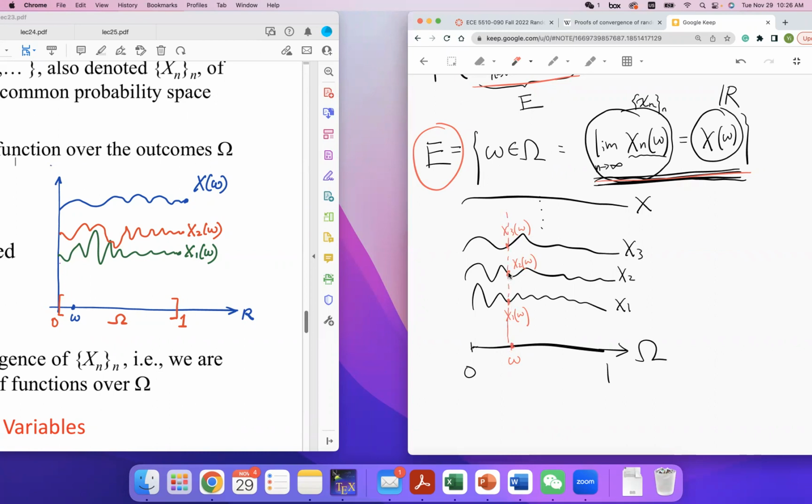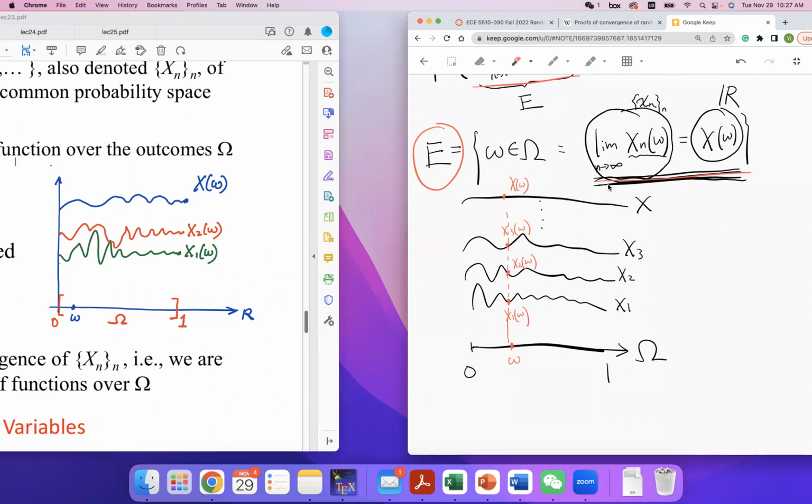If this sequence of real numbers converges to this number x omega, then we will put this omega into this set E. This means that under this outcome, the realizations of this sequence of random variables converge to the realization of x omega.